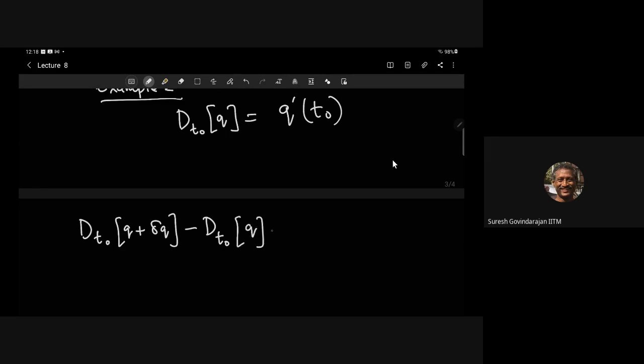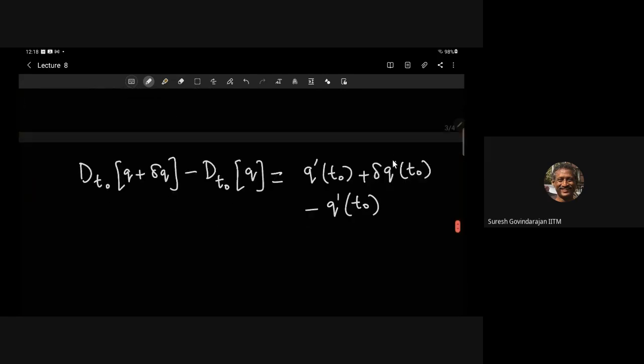Interrupt me if something is not clear. That's what we get, and this cancels, just like before. So we get delta q prime of t naught, but I want to write this with an integral, and now comes the interesting, correct way to do this.